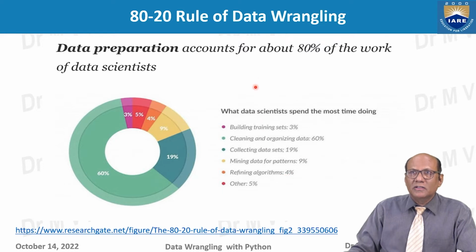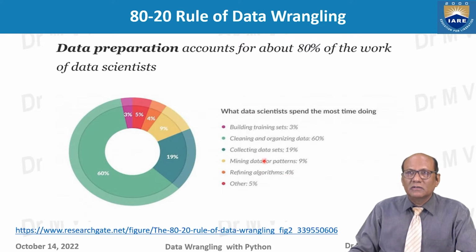So overall, it was told that 80% of the work goes into the preparatory work rather than direct analysis using some mathematical algorithms. Mathematical algorithms only account for 9 plus 4, 13%. So you can say 15%, or you can even say 20%, but the remaining part is other than the analysis. So that's why this 80-20 rule has come.